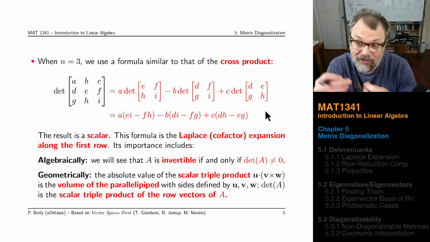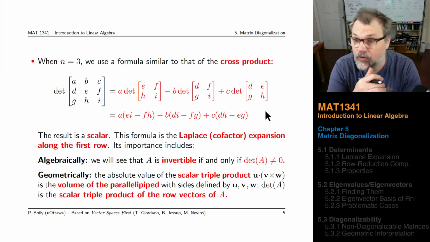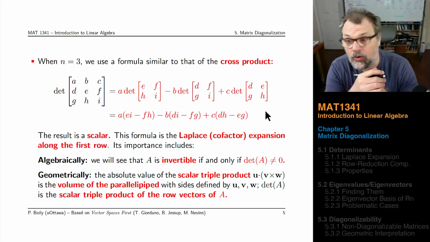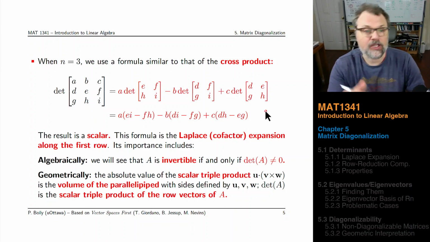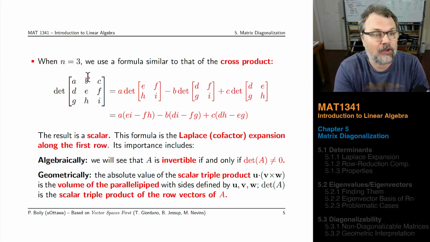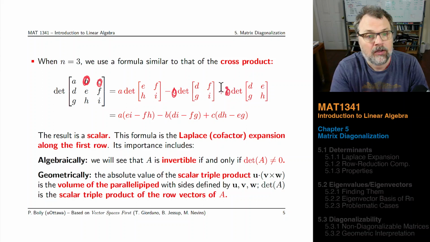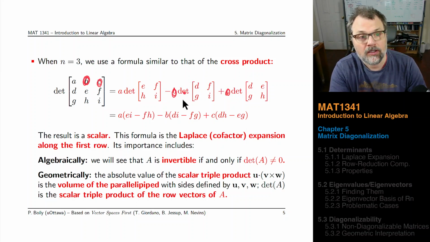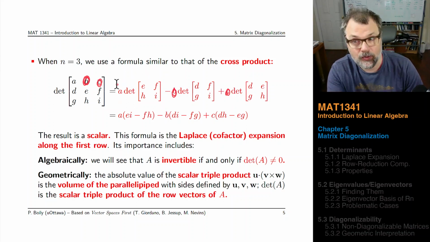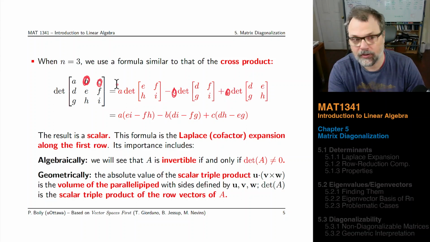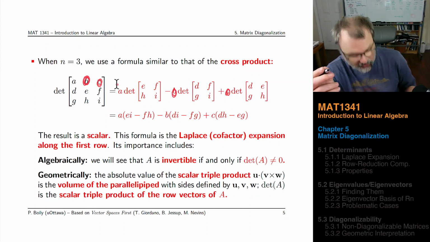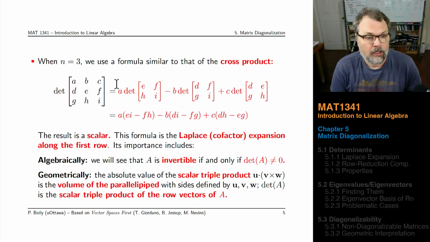And that's going to give us a trick as to how to best compute these things. We'll find some row or column where the computation is as simple as possible. Because if it turns out that B was 0 and C was 0, then it doesn't really matter what's going on in those terms because they'll be multiplied by 0 anyway. And then you could reduce the amount of work required to get the determinant. We'll talk about this again shortly.